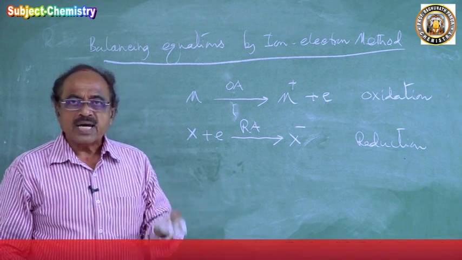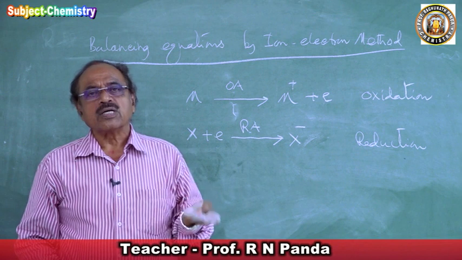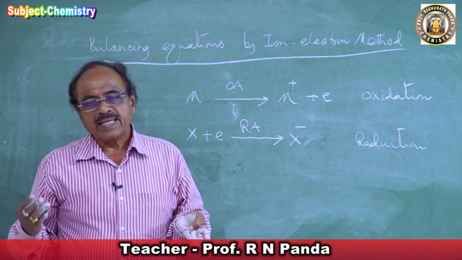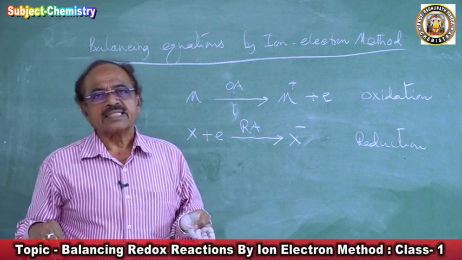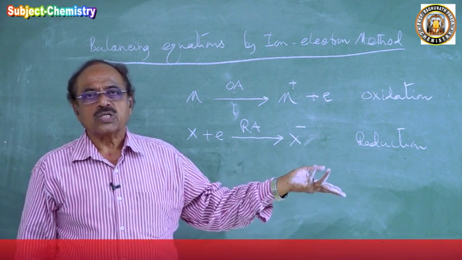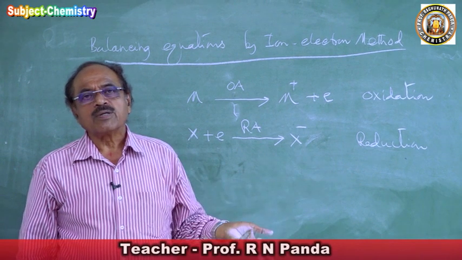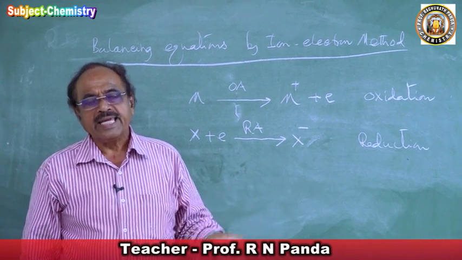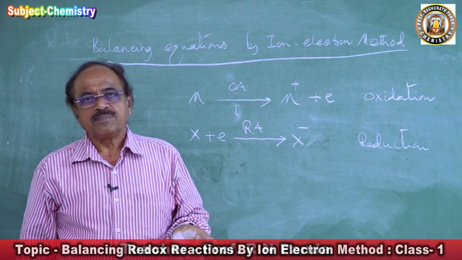Hence, the number of charges increased during oxidation will be balanced by the number of charges decreased during reduction, and the number of electrons lost during oxidation will be equal to the number of electrons gained during reduction.